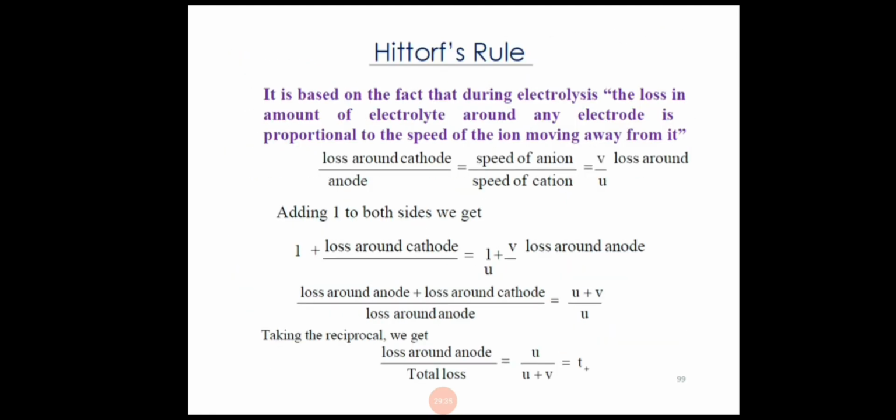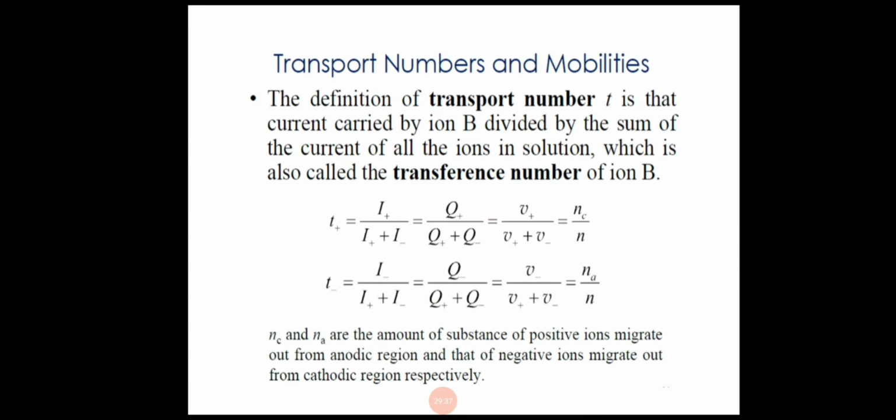Now let us define transport number. The transport number of a cation is defined as the current carried by the cation divided by the total current carried by cation plus anion, where I indicates current. In the same way, the transport number of the anion is defined as the current carried by the anion divided by the total current passed.